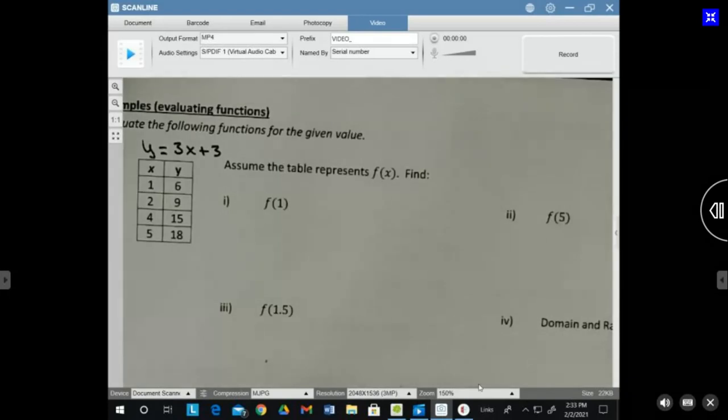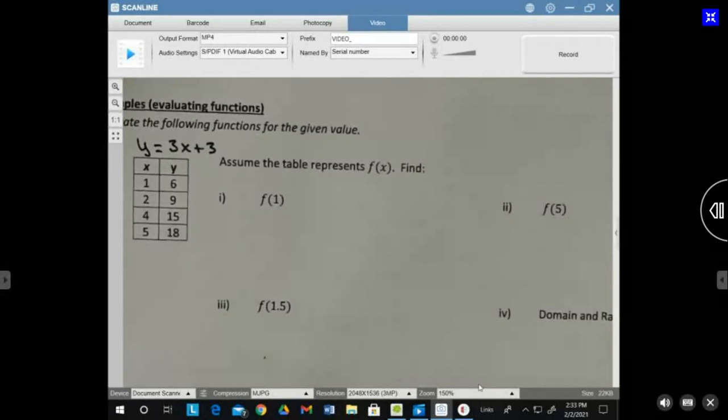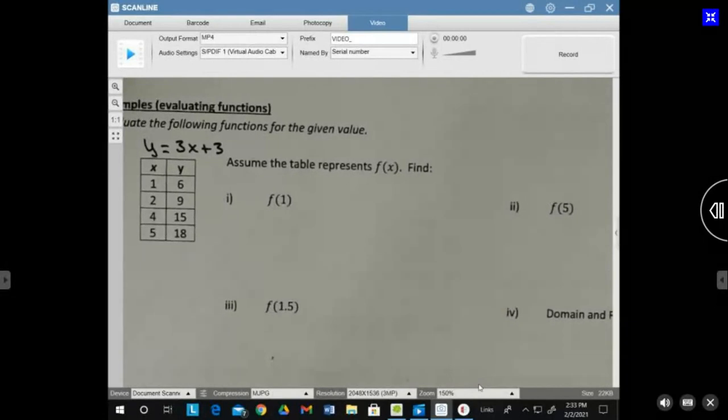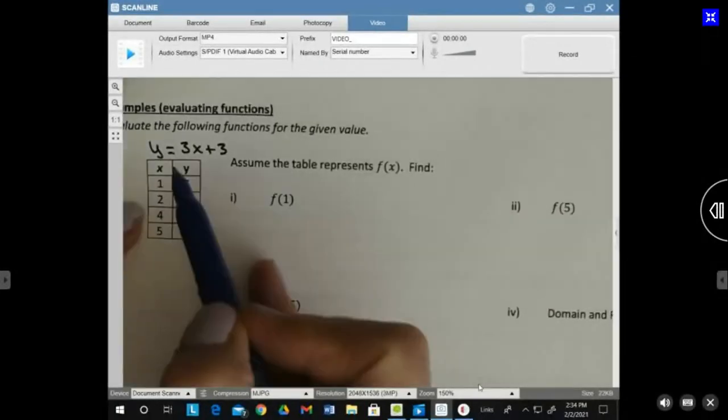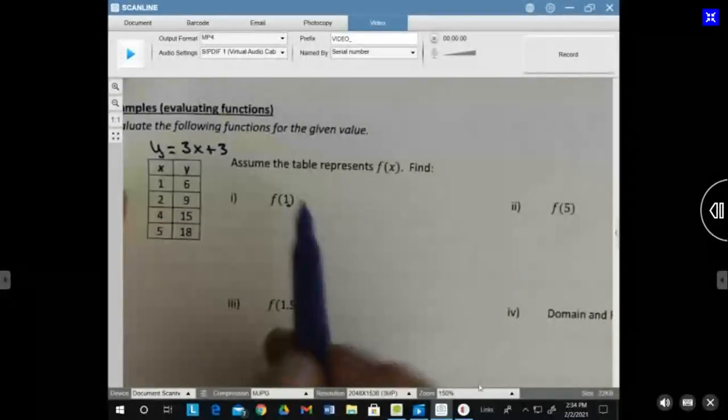What that table is, my f of x. What's f of 1? Where's the 1 on my table? X is 1. F of x is my y. So what's f of 1?